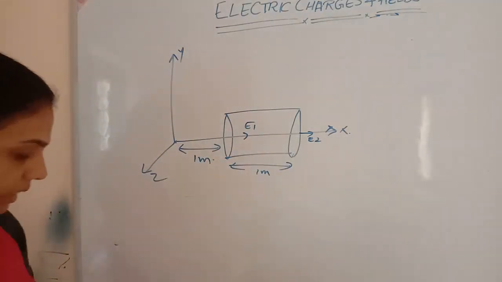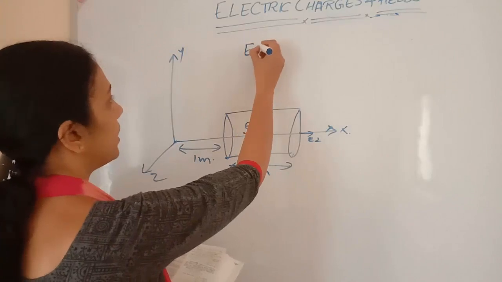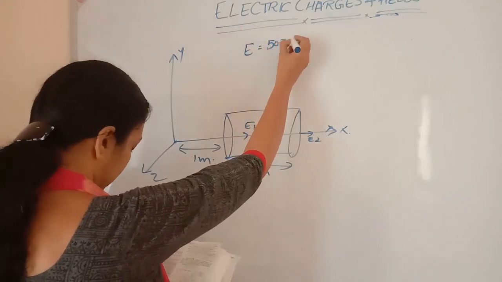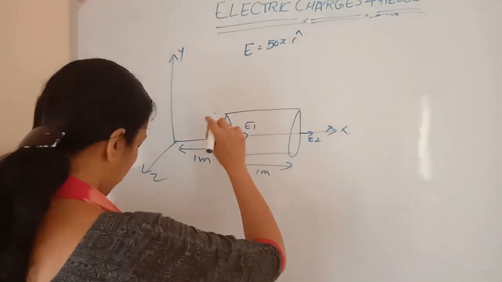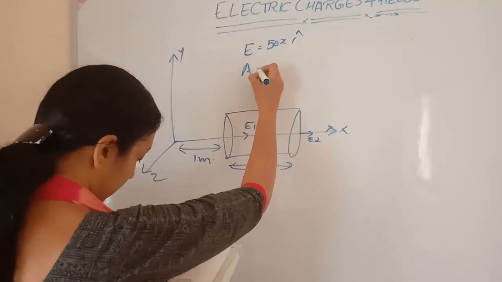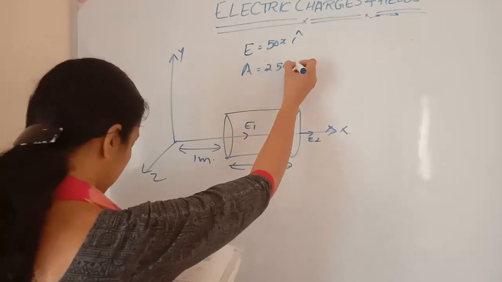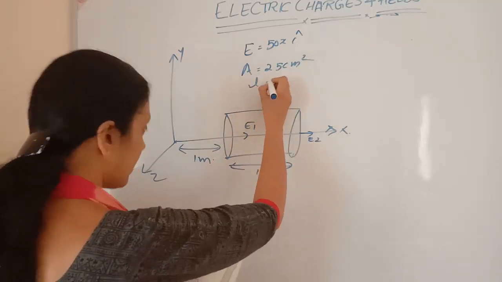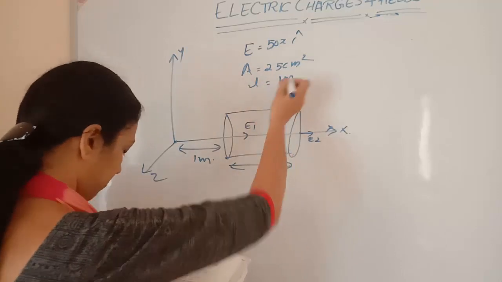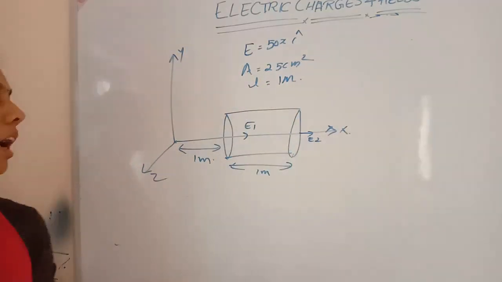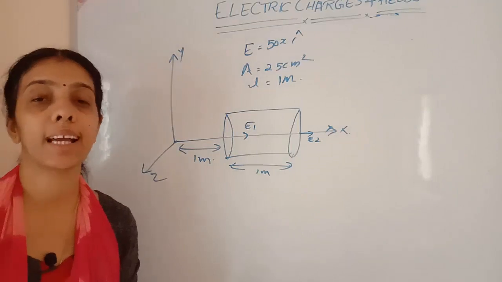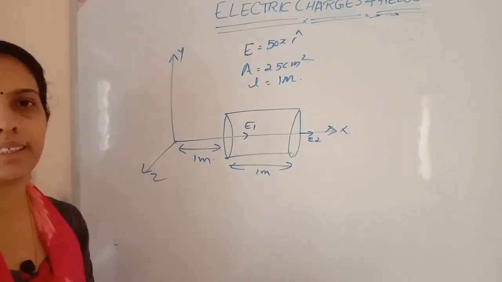We should find out E equals 50x into i cap. Area of cross section is given as 25 centimeter square and length is given as 1 meter. So this is how we can find out the flux and charge of this cylinder.